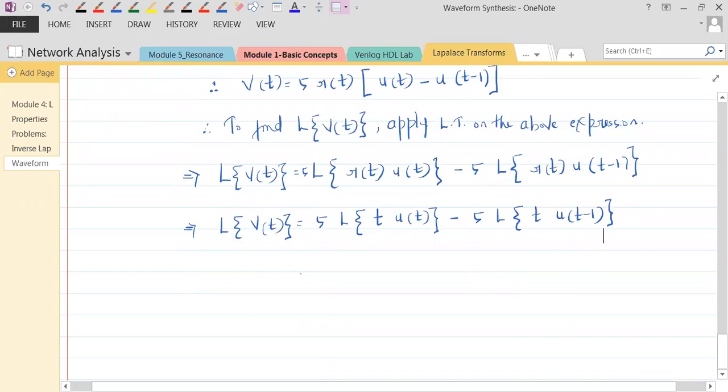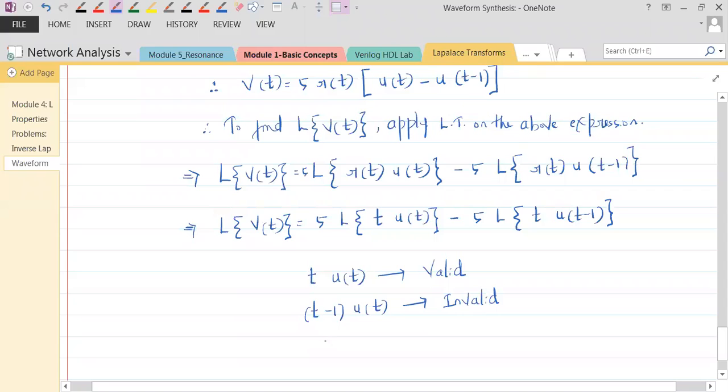So I'll give you some examples regarding what is valid and what is invalid. See here, if you have t, and let there be u of t, then this is a valid form for application of Laplace transform. If this is t minus 1, and if this is u of t, then it is invalid form.